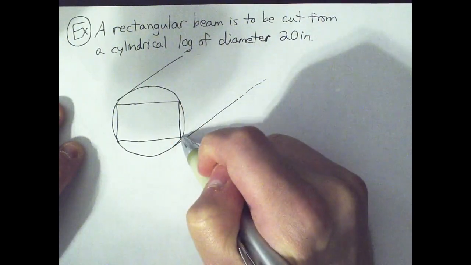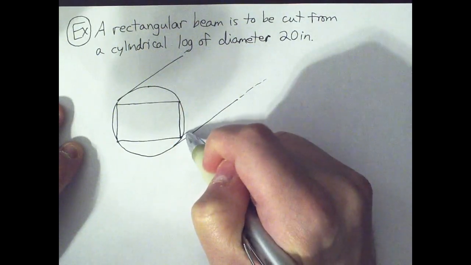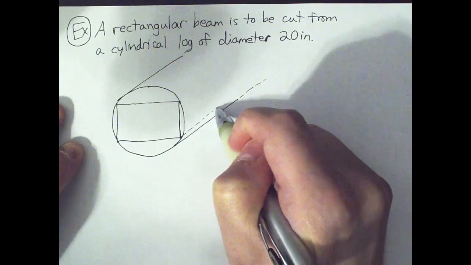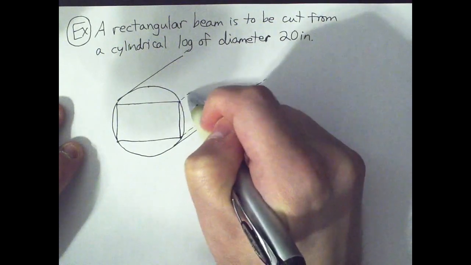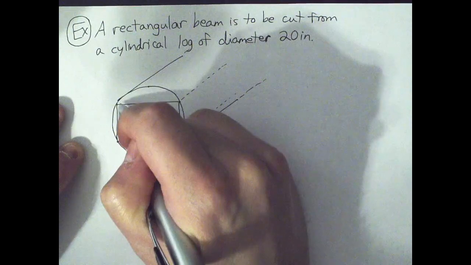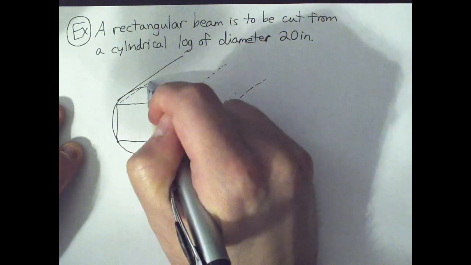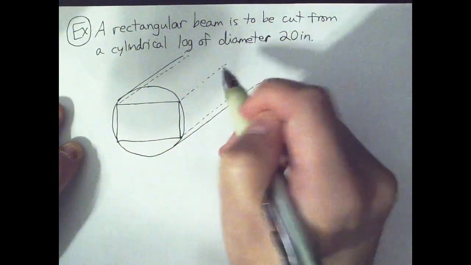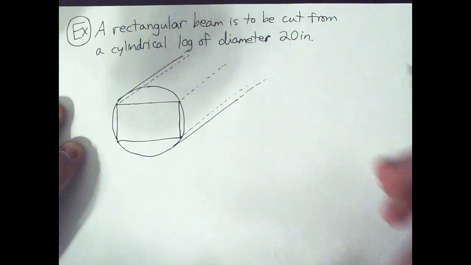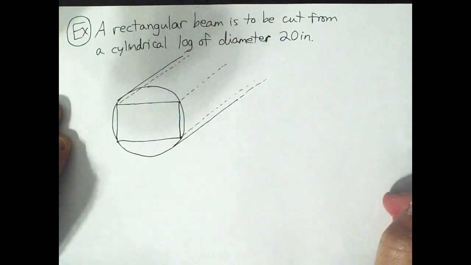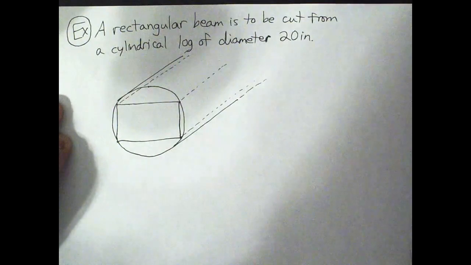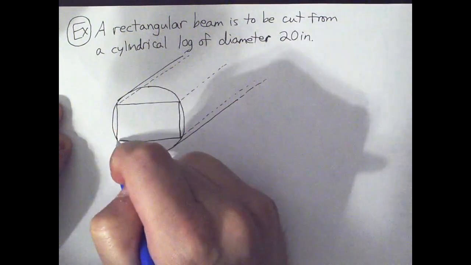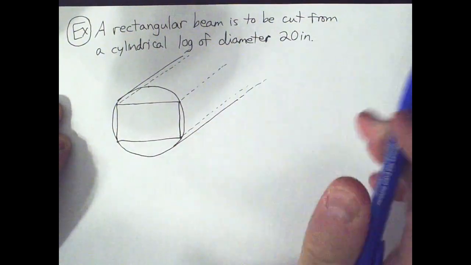Can you imagine cutting this out from a cylinder? Seems like a lot of wood would go to waste, but maybe that other wood could be used for something else.